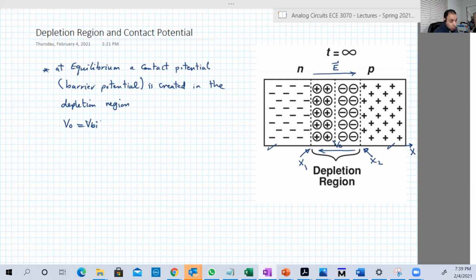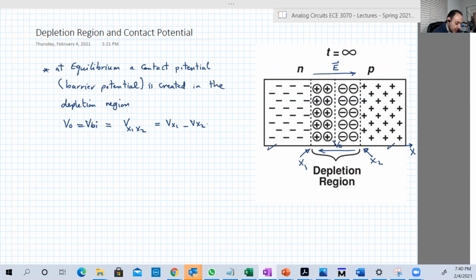We're going to go with two of them, so you will find me sometimes calling it V naught, sometimes VBI. So this is basically the voltage between the two points x1 and x2, or Vx1 minus Vx2, because the positive terminal always has a larger voltage than the negative terminal.